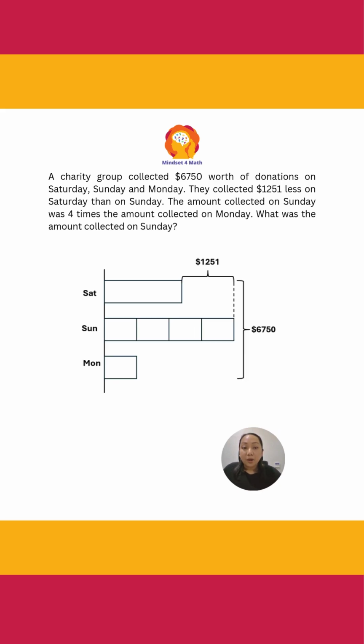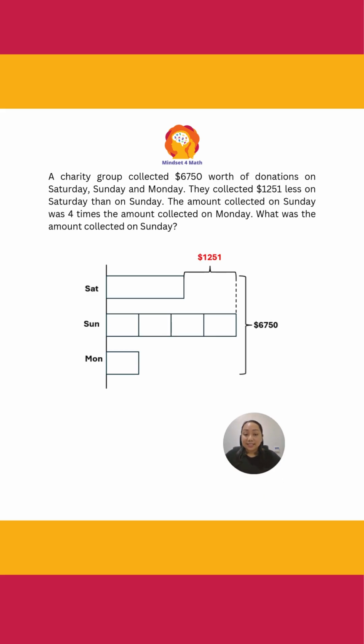Since the total amount collected for Saturday, Sunday, and Monday is $6,750, we are going to draw a bracket on the side covering all the 3 days and label that $6,750.